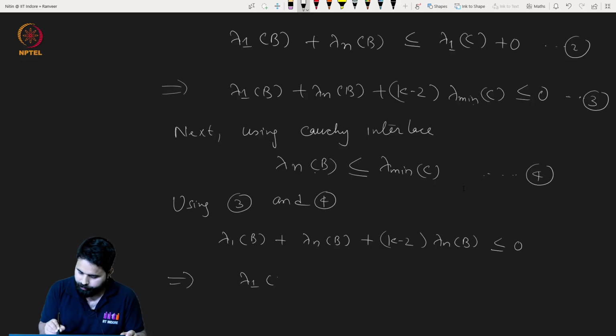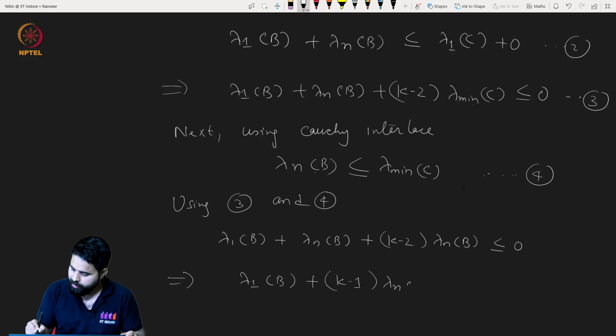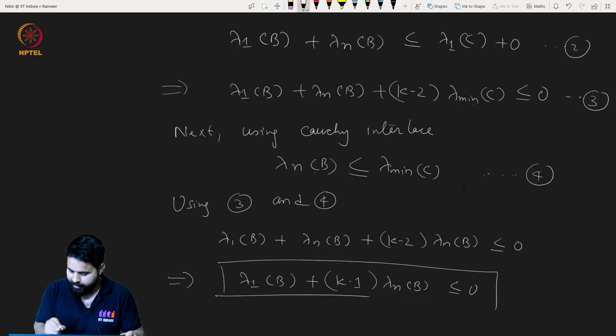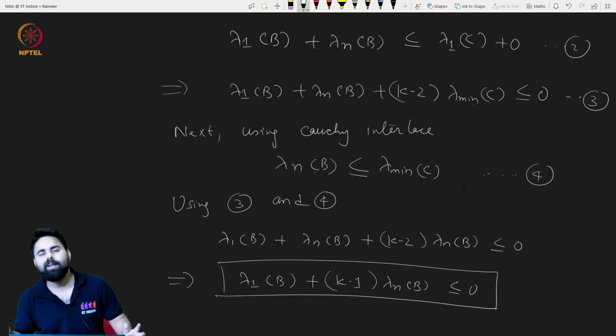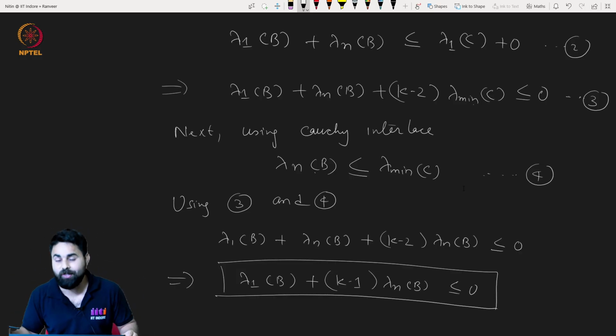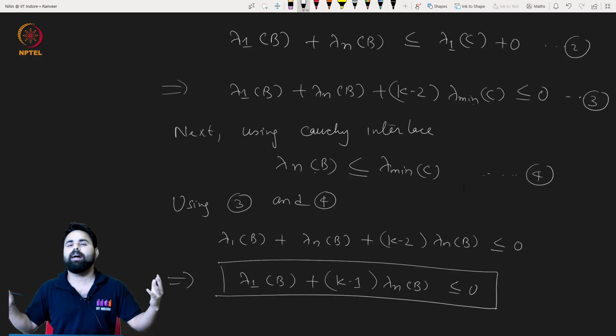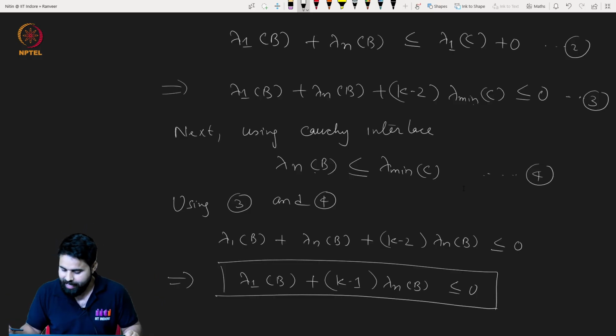So lambda 1 of B plus k minus 1 times lambda n of B is always less or equal to 0. So we have proven this. Very, very simple result, I would say, but it will be very useful when we will be giving a bound on the chromatic number of graphs.